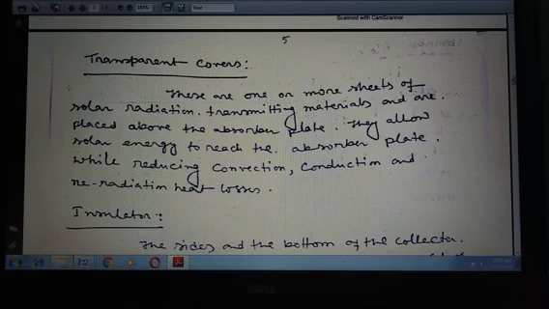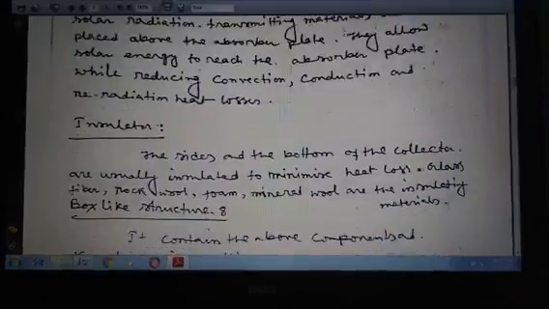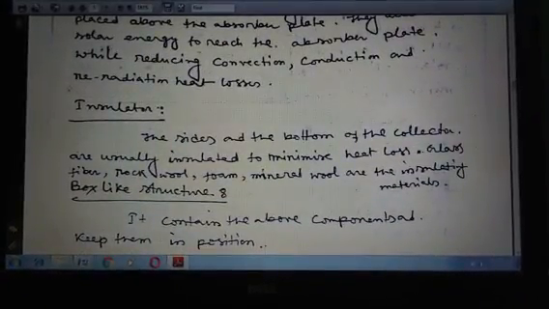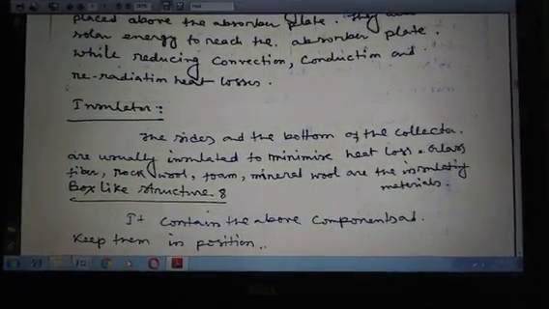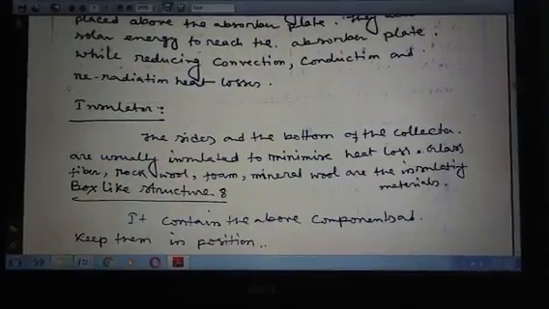They allow solar energy to reach the absorber plate while reducing convection, conduction, and radiation heat losses. Now the insulators. The side and bottom of the collectors are usually insulated to minimize heat loss. Glass fiber, rock wool, and foam are generally used as the insulating medium.